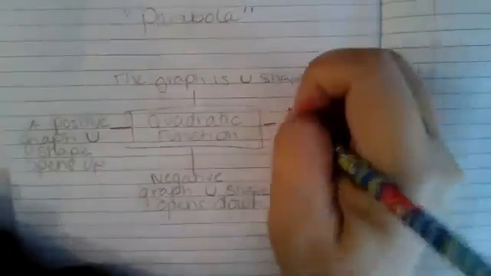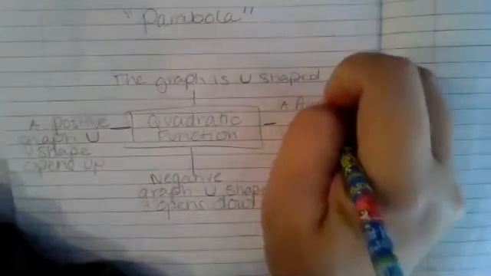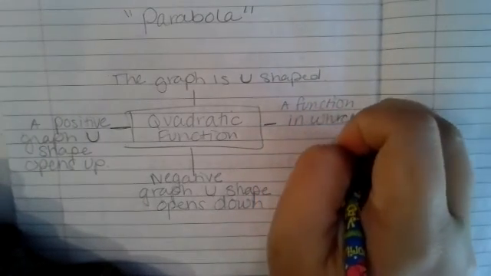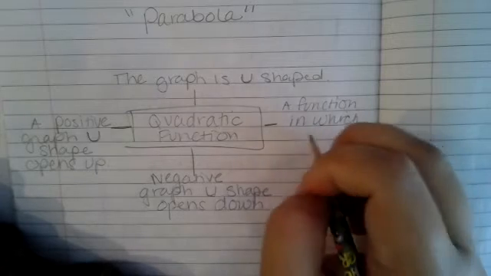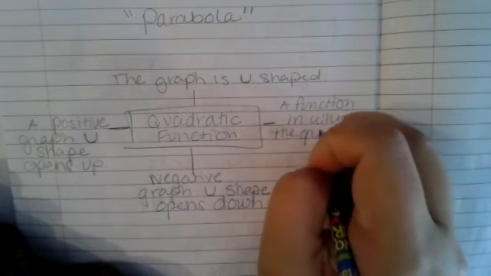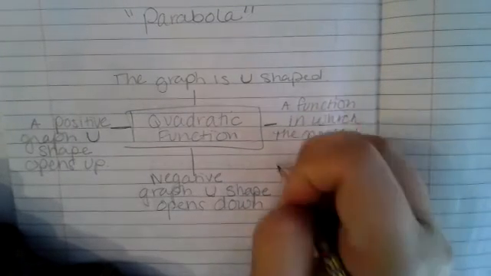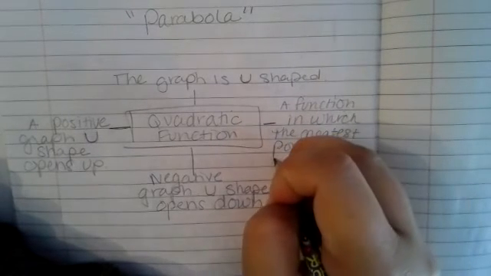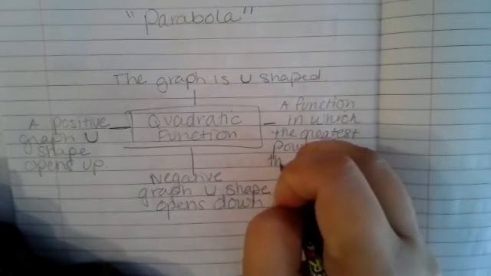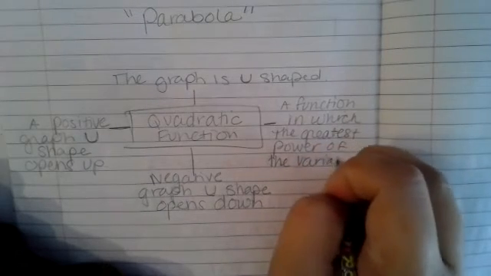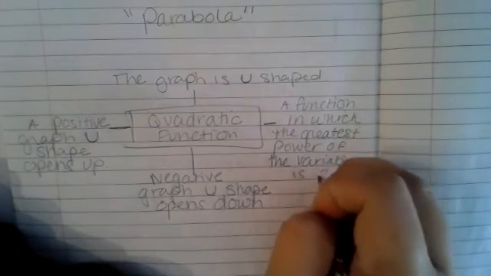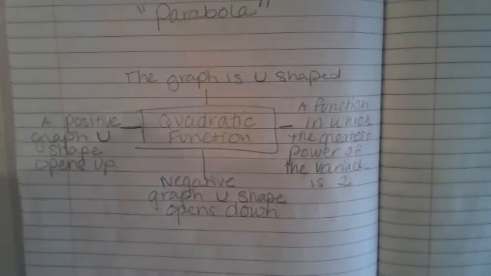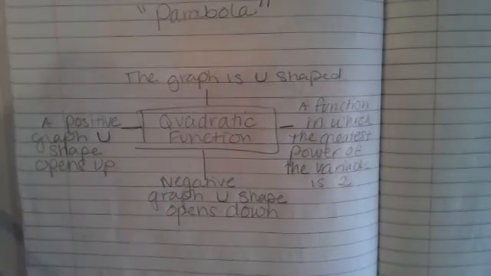This is going to be a function in which the greatest power of the variable is 2. That means that you can only have something that's being squared.